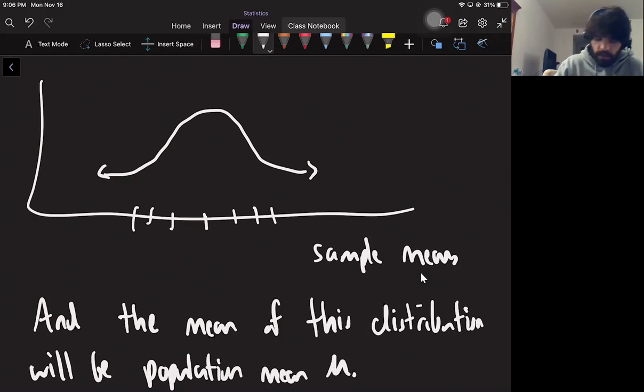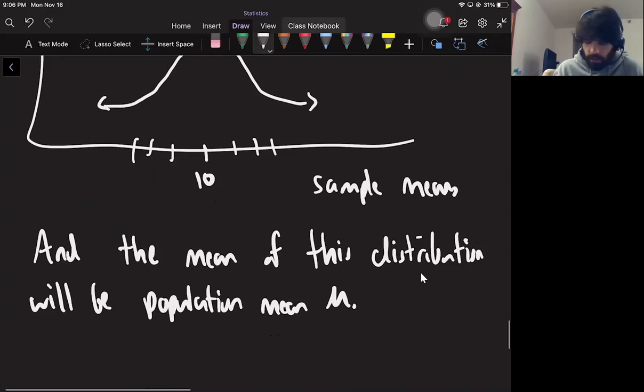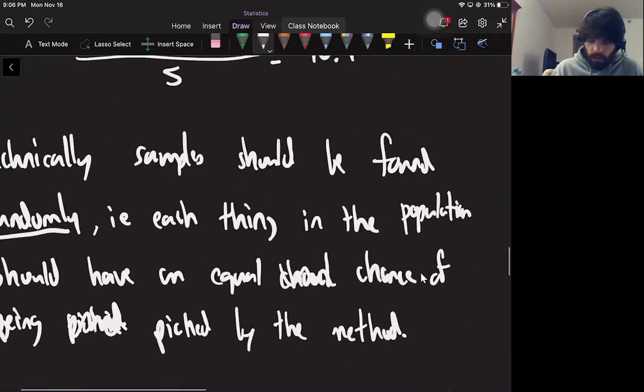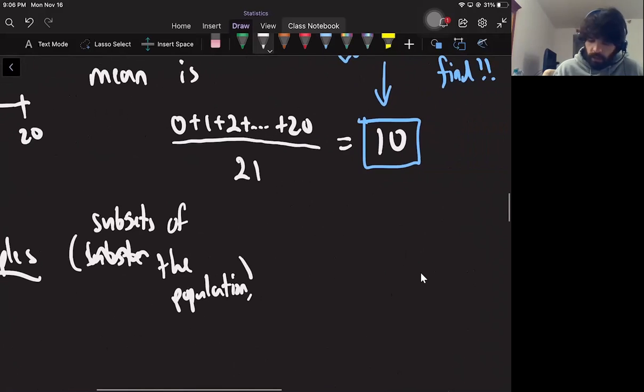So for us, that means for the example we just did, the center will be 10, because that was the actual population mean for what we were talking about.